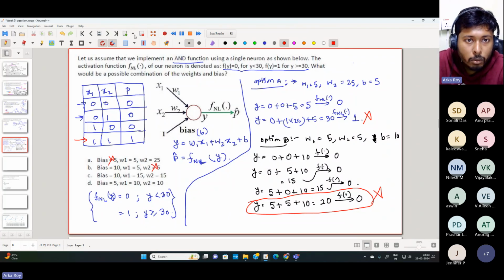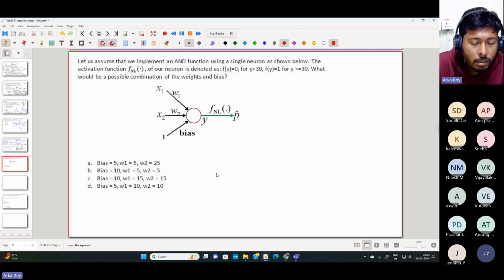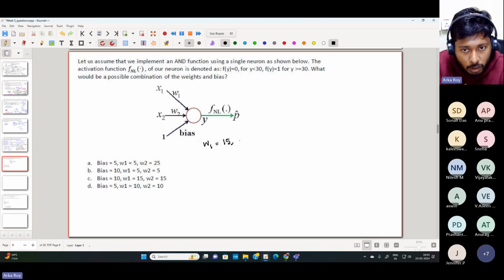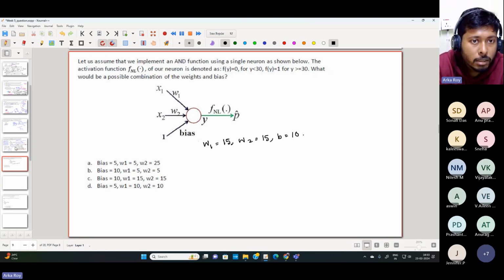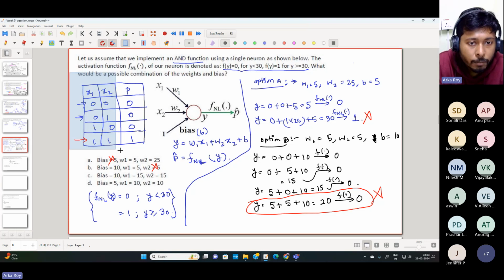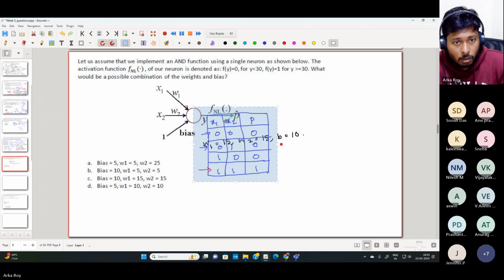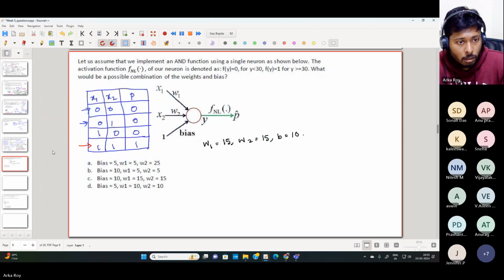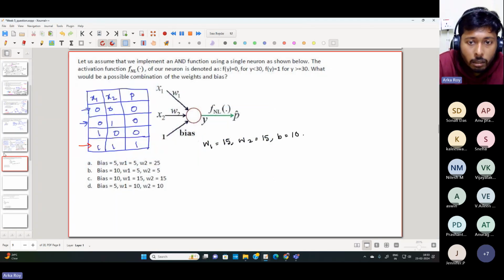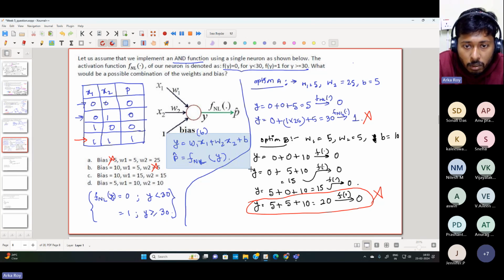Fine. Now you go for the third option. In case of the third option, the values are given as W1 equals 15, W2 equals 15, and bias equals 10. So at the 0, 0 condition, let me copy these things, and this part as well.